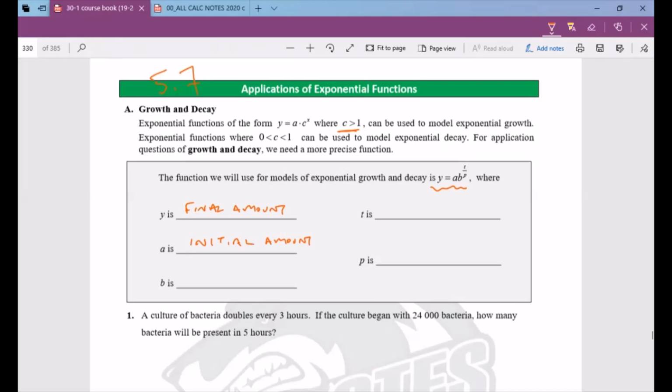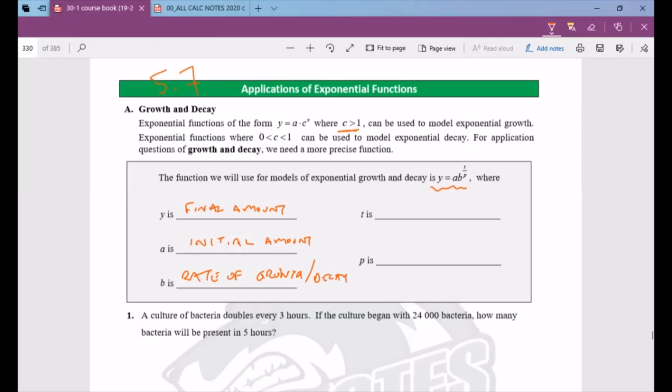B, the base, is your rate of growth: growth if it's bigger than 1, decay if it's in between 0 and 1.